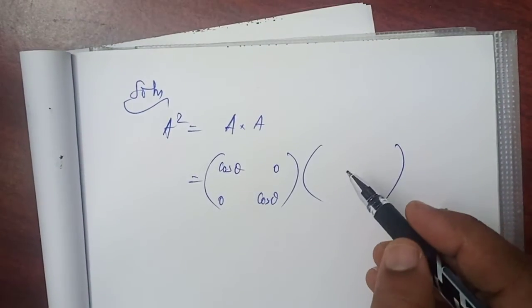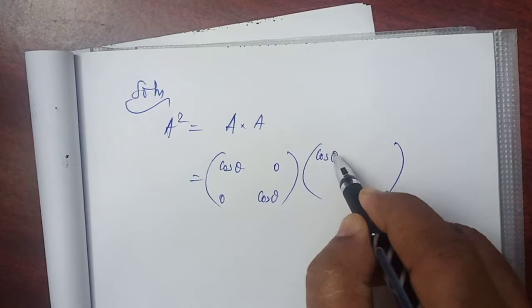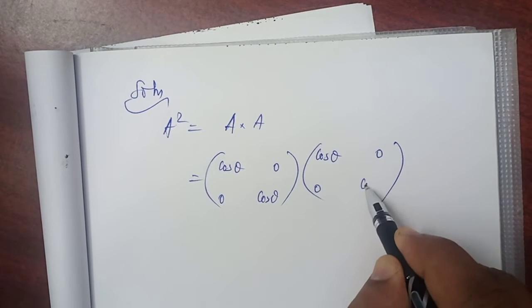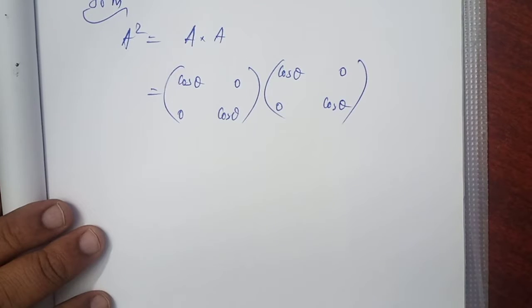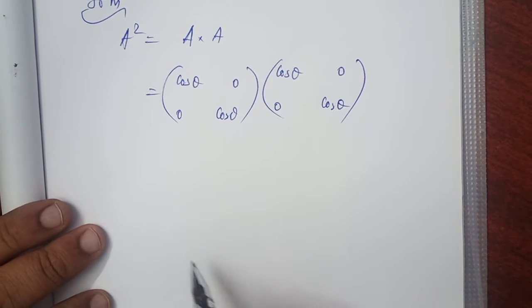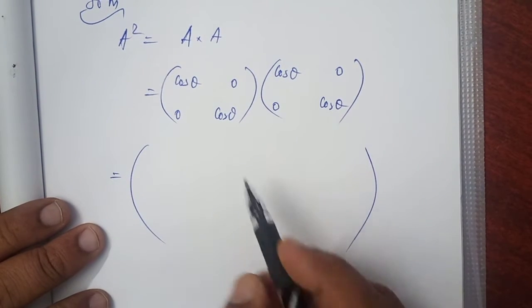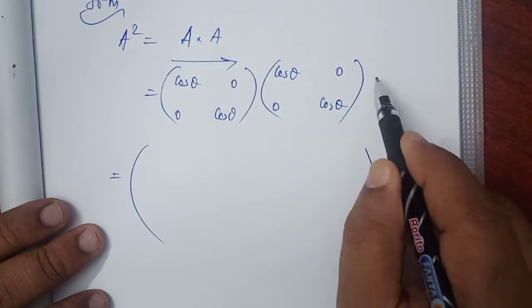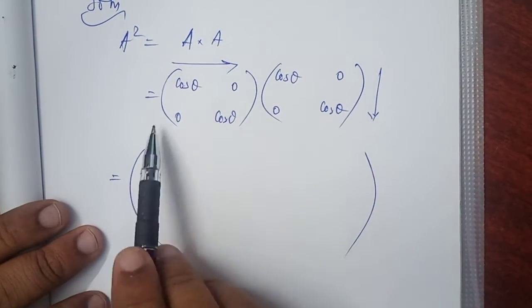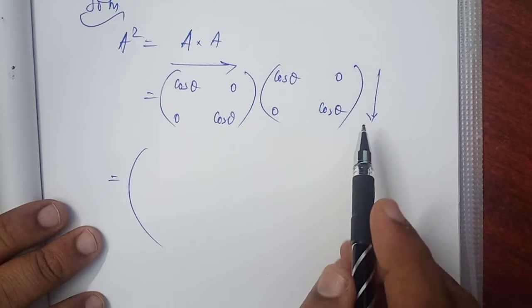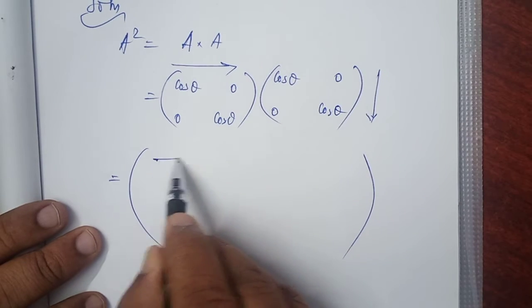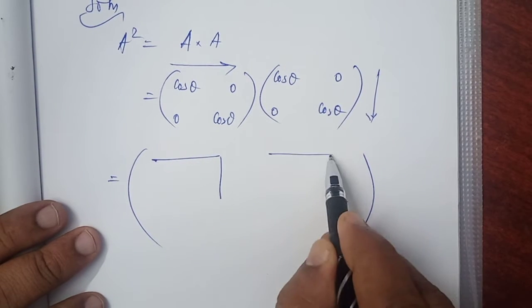Again write cos theta 0, 0 cos theta equals. Row by column multiplication. Here we have two rows, here we have two columns. The resultant matrix is two rows, two columns.